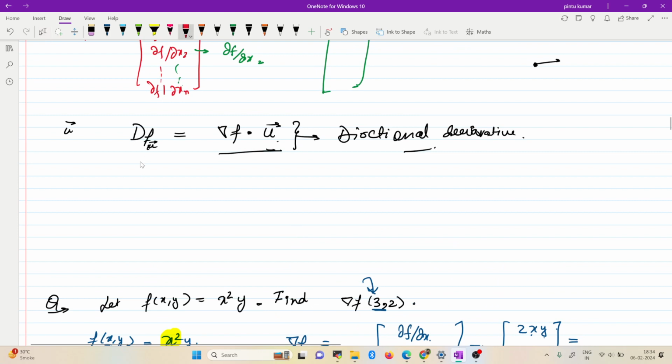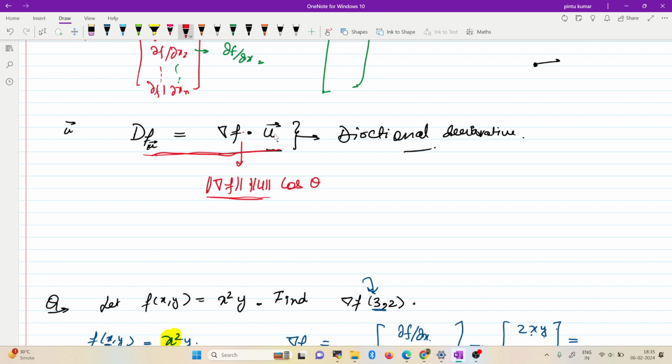Okay, so we'll try to see why this thing works. I just want you to trust that this formula that I have written for directional derivative is correct. If we just expand this thing, this would be norm of gradient of f into norm of u and some cos theta, that is the angle between the gradient and the u. Now these two things are positive and we want to maximize this thing.